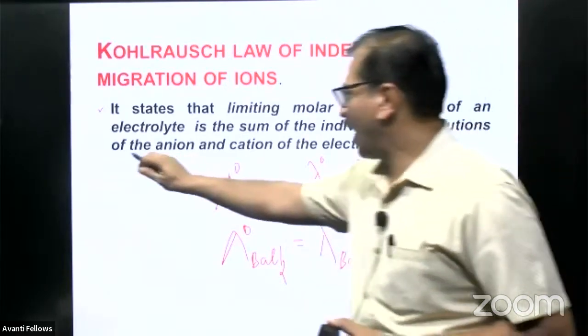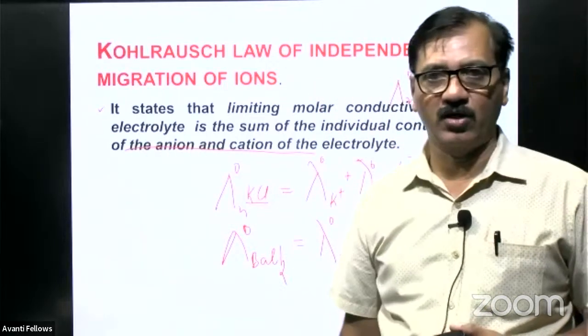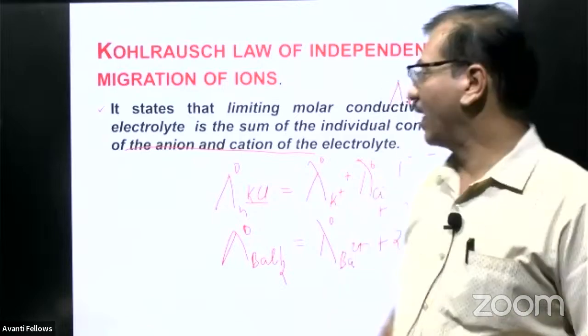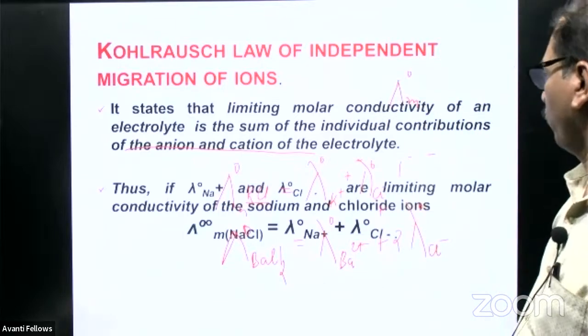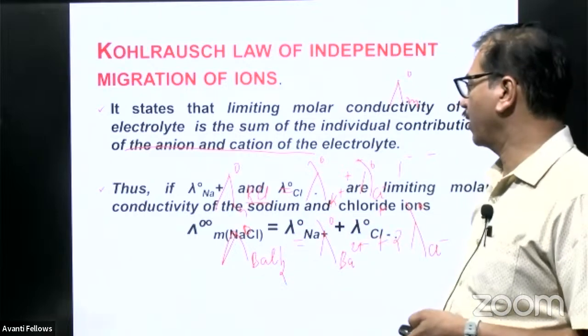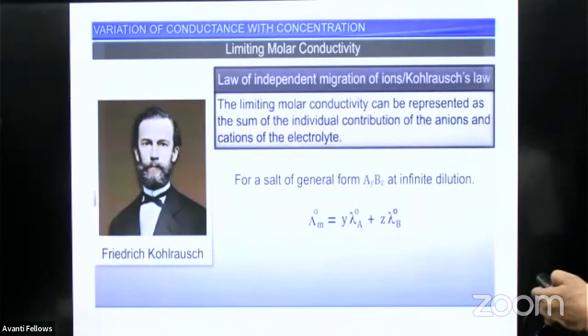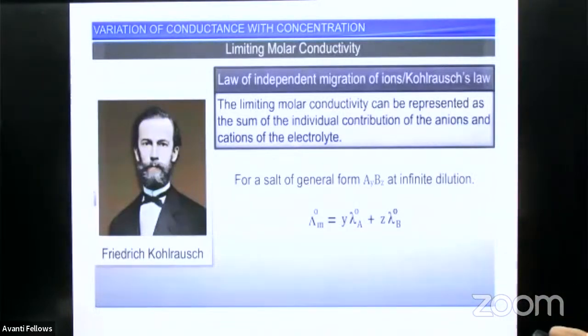So it is an algebraic sum of contributions of anion and cation. This is Kohlrausch's law. NaCl can be written as Na plus Cl, and I have already written that. This is Friedrich Kohlrausch who proposed this.